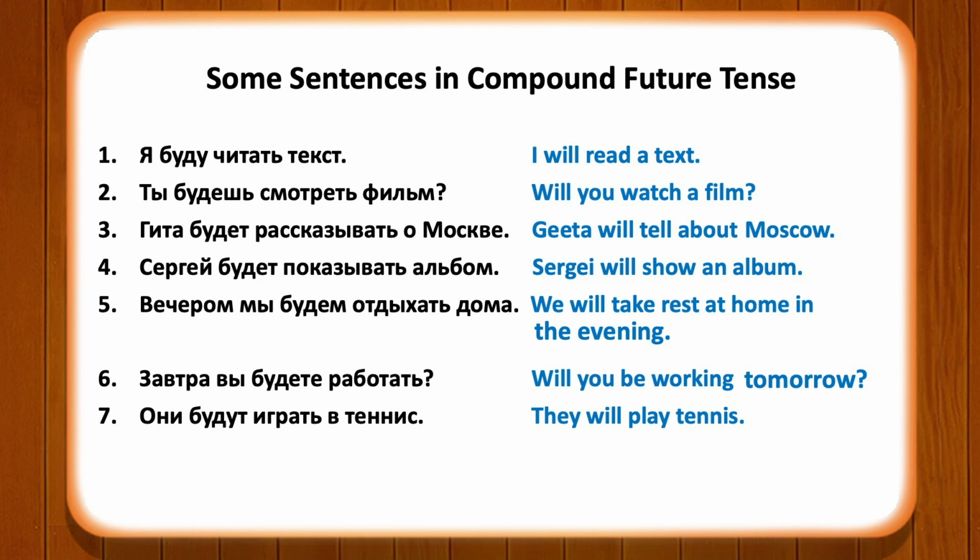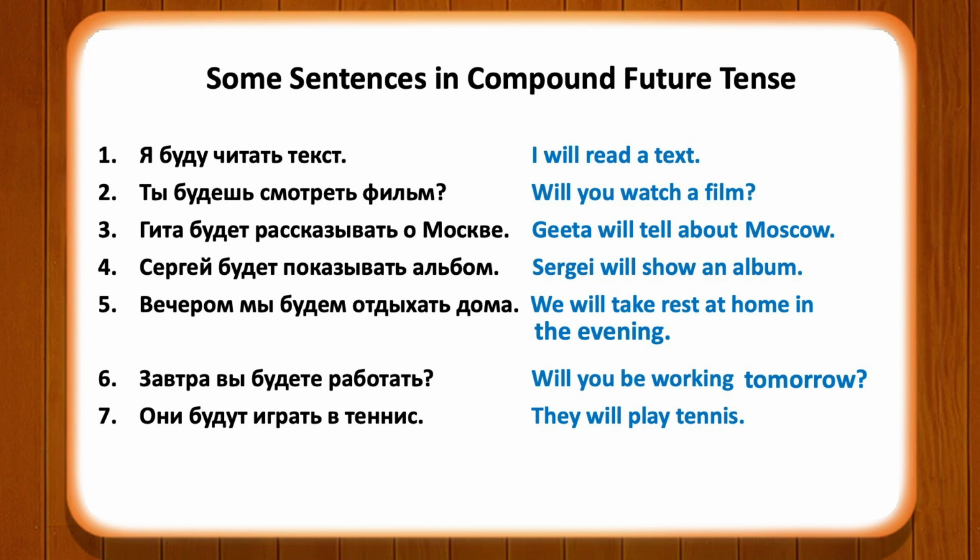In the next sentence, the verb used is работать, which means to work. When we use it in future tense form, we use it with the auxiliary verb быть. So, завтра вы будете работать. Will you be working tomorrow?